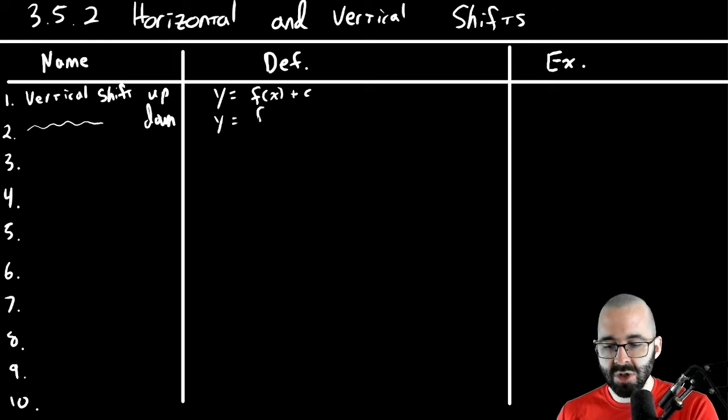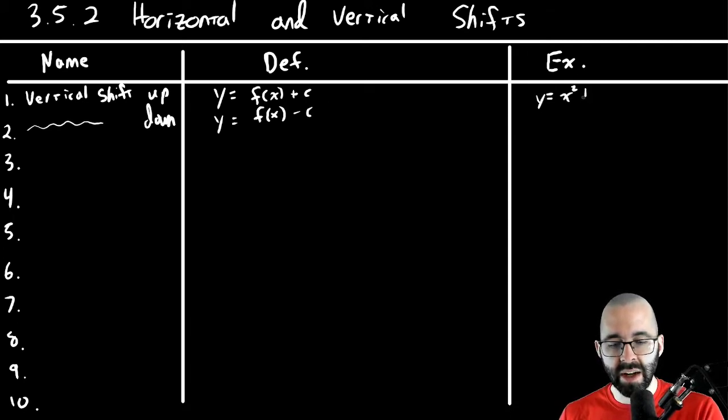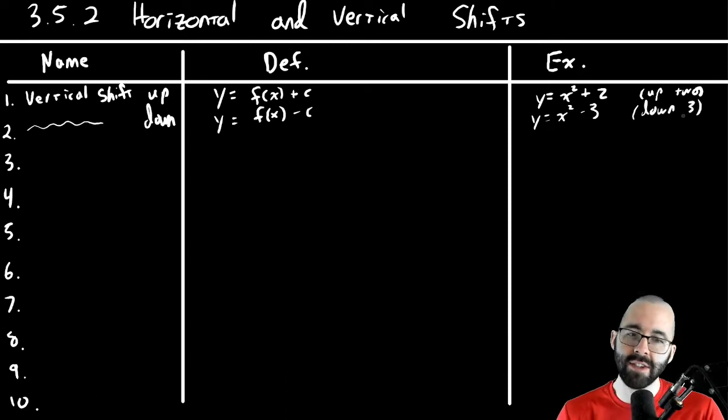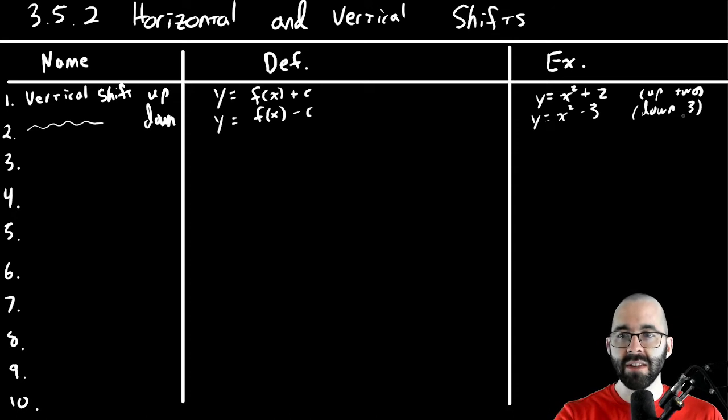Similarly, to go down, just like we saw, we look at a function and we subtract a value. We can use the examples that we did. We do x squared plus 2, right? That's up 2. If we did y equals x squared minus 3, that would be down 3. I should have just put this on multiple pages. I'm writing too small. All right, so that's vertical shifts up and down.